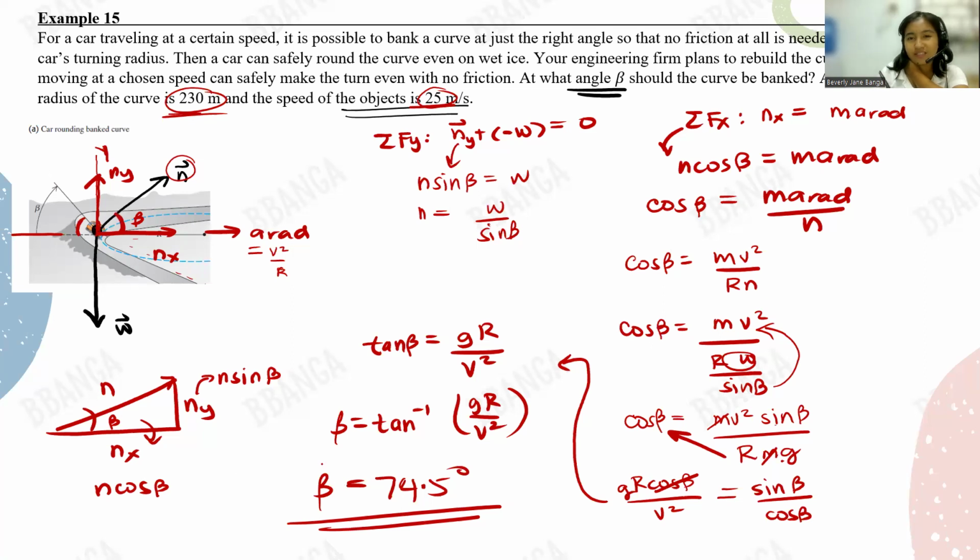Parang hindi, it doesn't make sense, diba. Tama ba yun? Tan inverse 9.8 times 230 over 74.5 talaga.